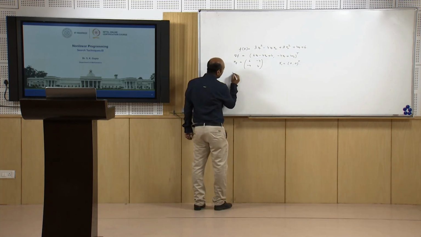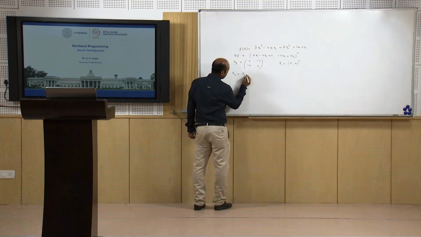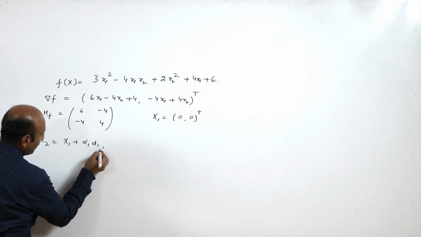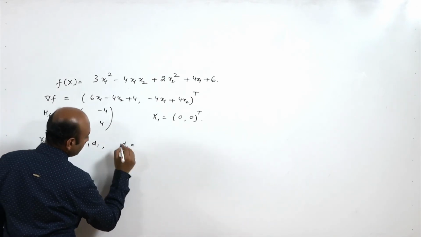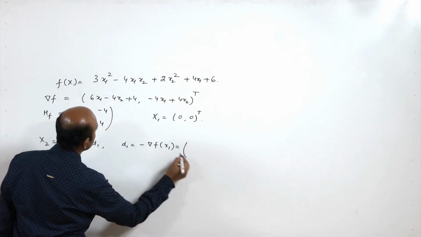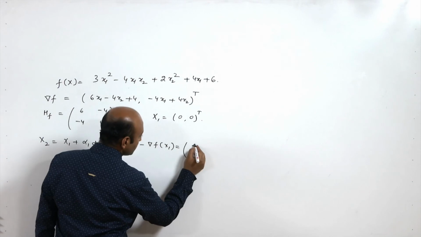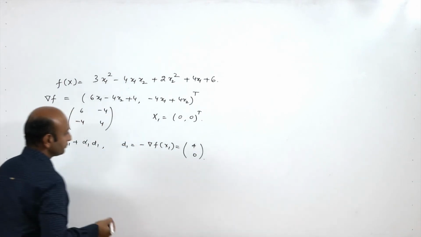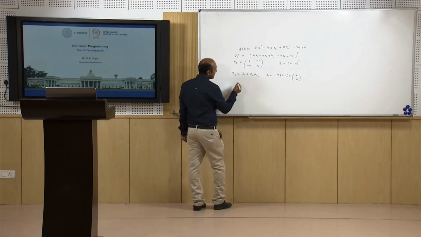So, to find x2, it is x1 plus alpha 1 d1, where d1 is nothing but negative of gradient of f at x1, which is (4, 0). And x1 is (0, 0).